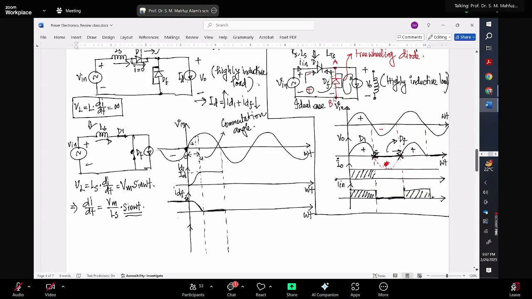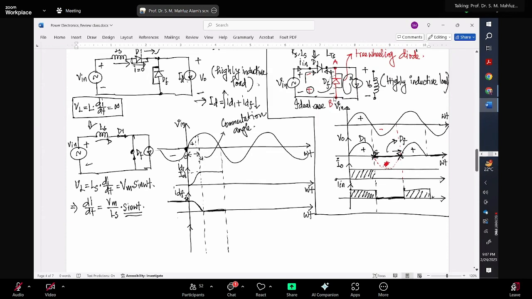Yes, sir. And the negative terminal is here. So will the diode be forward biased or reverse biased? Okay, so DF will be in forward bias, but D1 will be in reverse bias. Yeah, so if D1 is reverse biased, will there be any input current? Okay, now I get it. Thank you, sir. No, sir, no current.